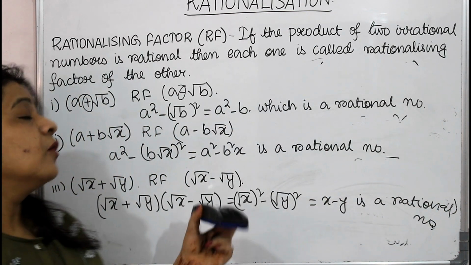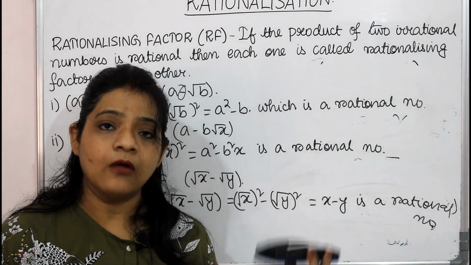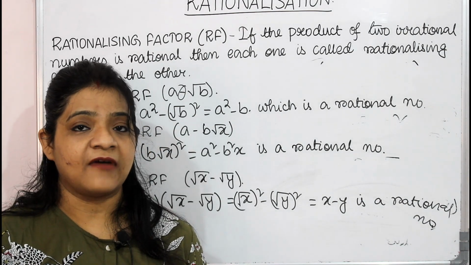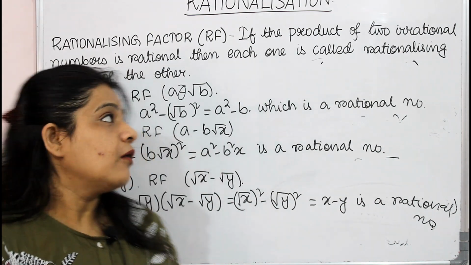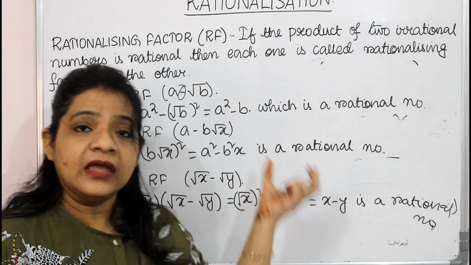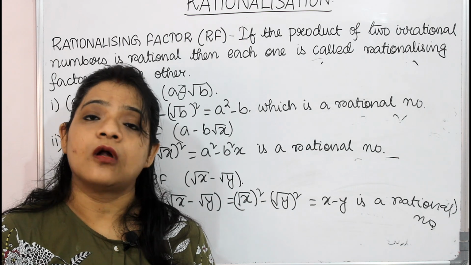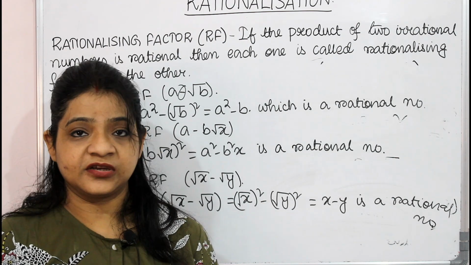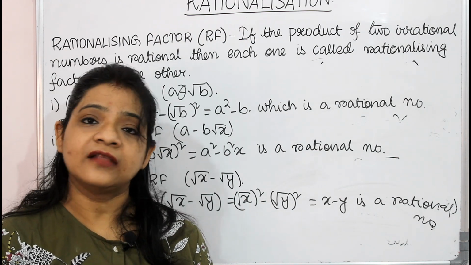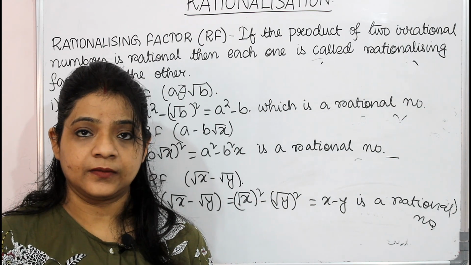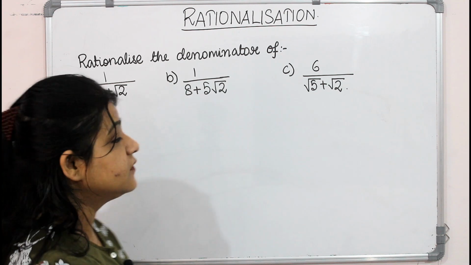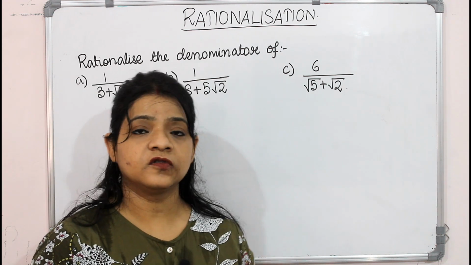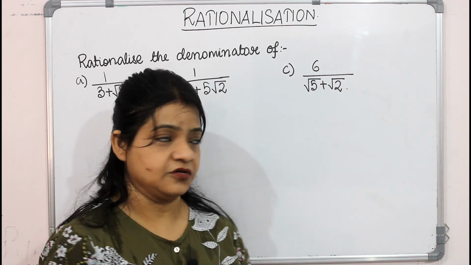So from this we have found out how to find a rationalizing factor. Now using these common examples, we will be solving some sums of rationalization. Okay, so let's look into the sums. These are some of the basic examples that you are going to solve using rationalization.